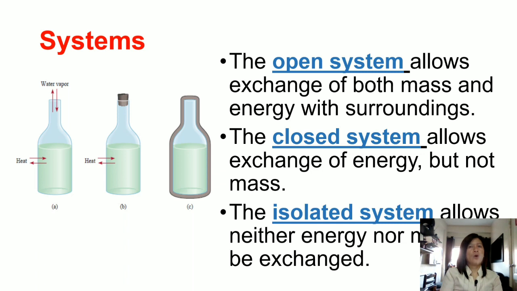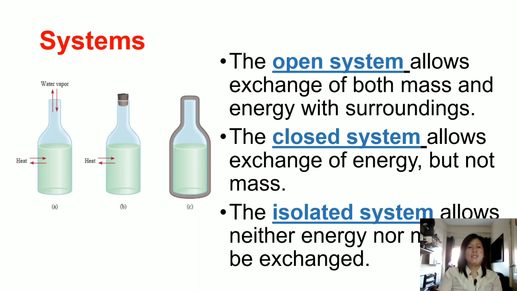The escape of water molecules will cause decrease in mass of the liquid or water. But if water is in the closed system, the vapor, the water escaping from the liquid state will not be able to escape from the system. So the mass is conserved. The mass remains the same in a closed system. Only energy may be exchanged.